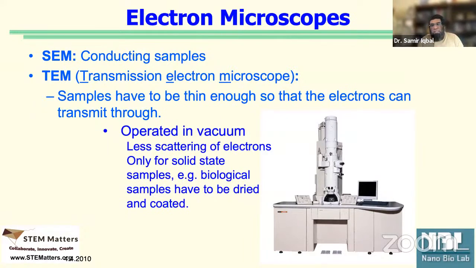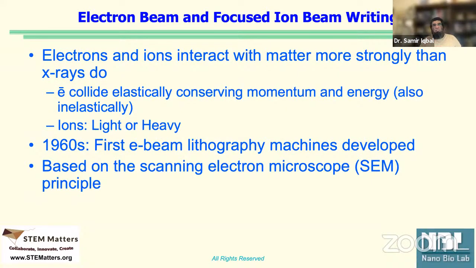Both of these microscopes, we operate in vacuum. In vacuum, we pump out everything, so when we throw the electrons, there is no scattering with other material which may be floating around in the column, in the tube. But in this case, for next generation lithography, we coat the surface with a resist.